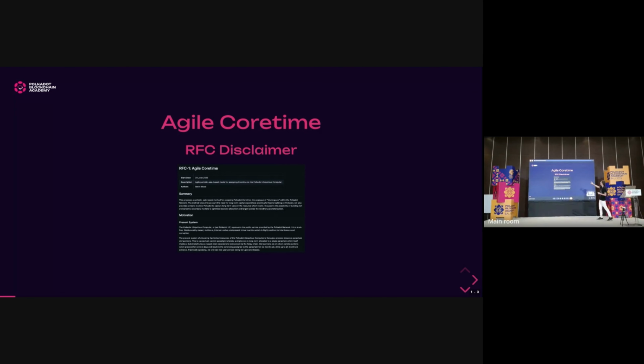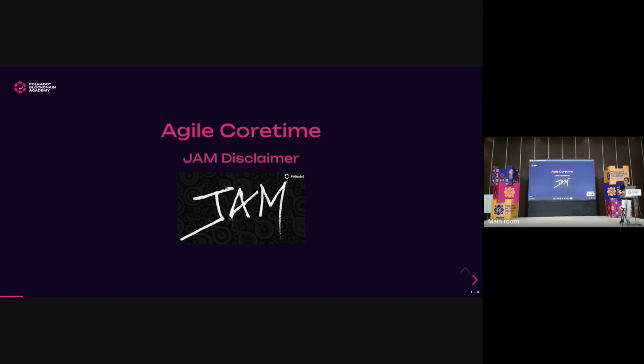And then the RFCs are actually implemented by the community, by Parity, by the fellowship into the protocol. Agile Core Time went through the same process. They did initial design and scope, there was a lot of discussion, many things changed, it was approved through OpenGov, and worked on by Parity and others to ship as a feature.